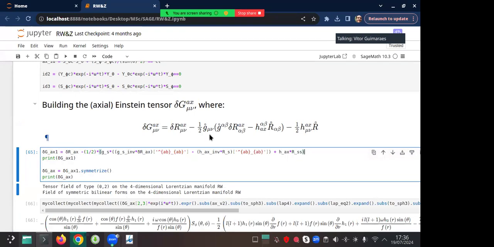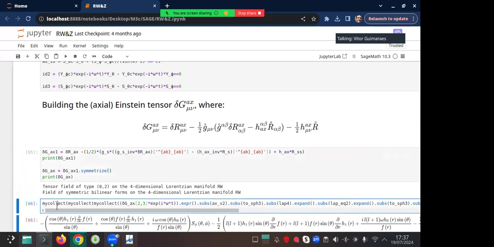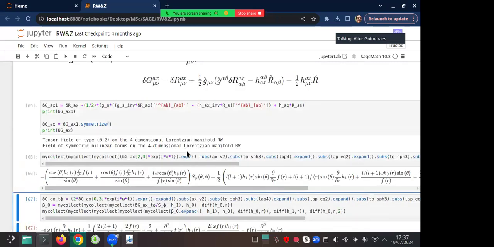The G ring here is a GS here, the G invariant is here, the S is here, and the odd inverse perturbation is here, in this term. And then I symmetrize this tensor, just to make sure, running a symmetrize function.